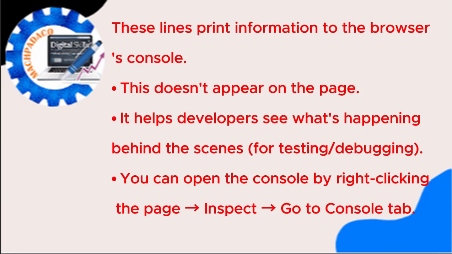This doesn't appear on the page. It helps developers see what is happening behind the scenes for testing and debugging. You can open the console by right-clicking on the page, then you go to Inspect, then you go to the Console tab, and you will now see the information displayed there.